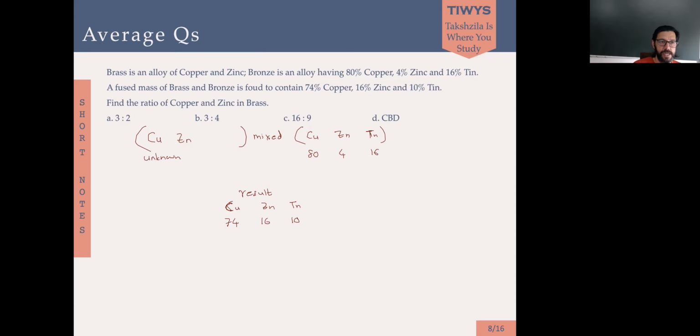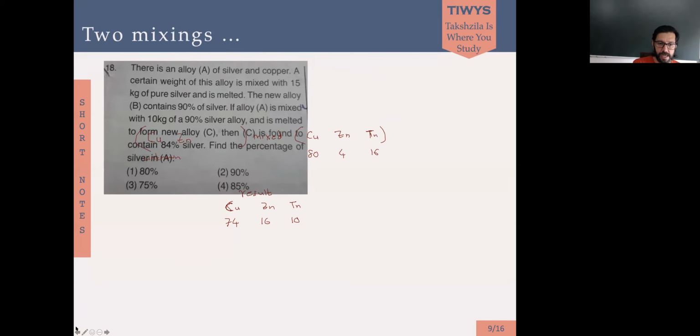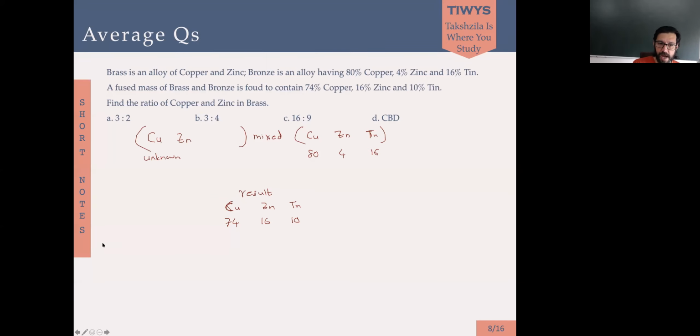So for example, Magnus Carlsen, yeah, if you start actually working on copper and zinc, so if I take copper, I have an unknown copper. I know this is 80% copper.